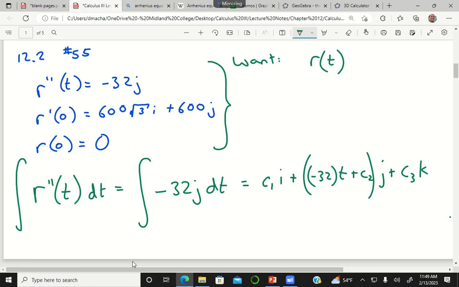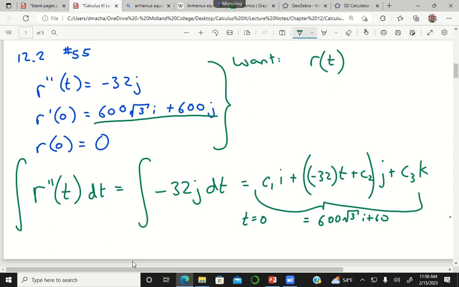But everything that I wrote here, whenever I plug in t equals 0, then this has to be equal to this, right? Because if I take r prime at 0, then I need to be able to get 600 root 3 i plus 600j plus 0k.